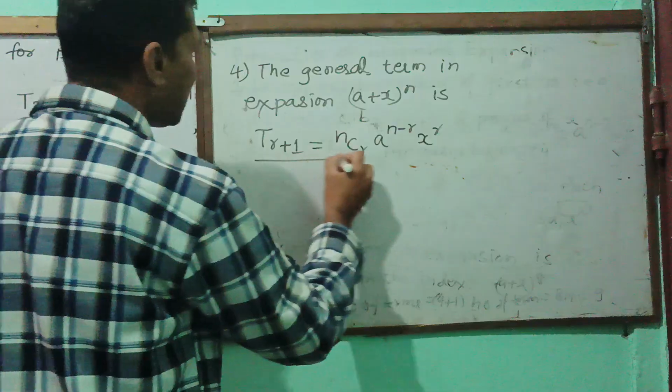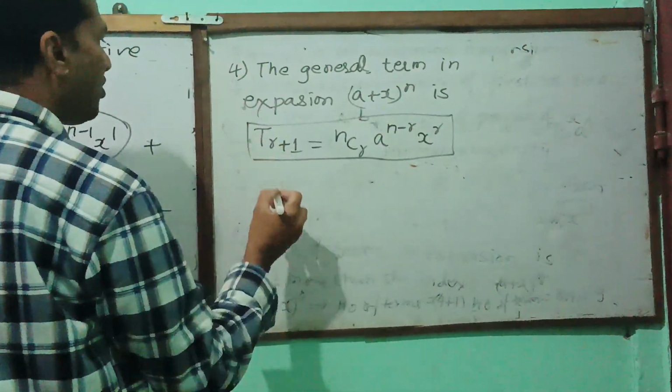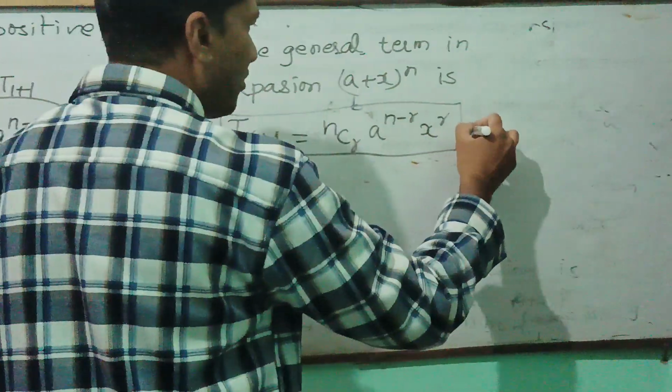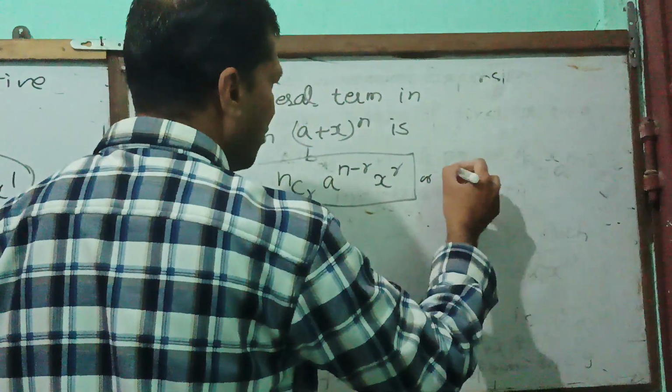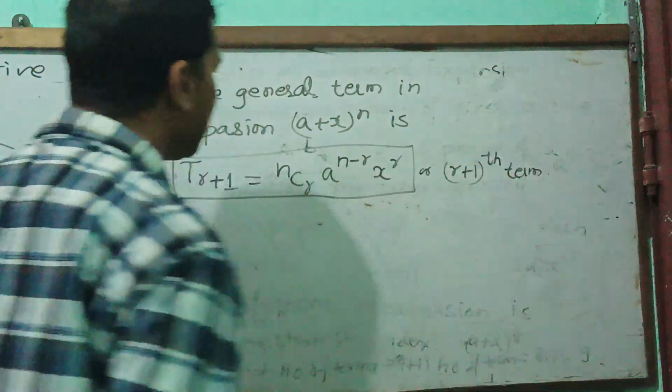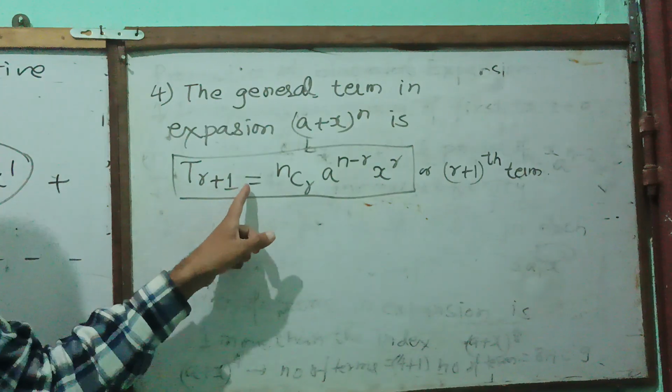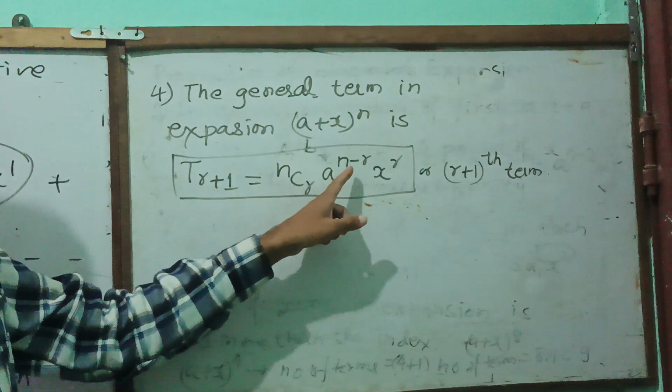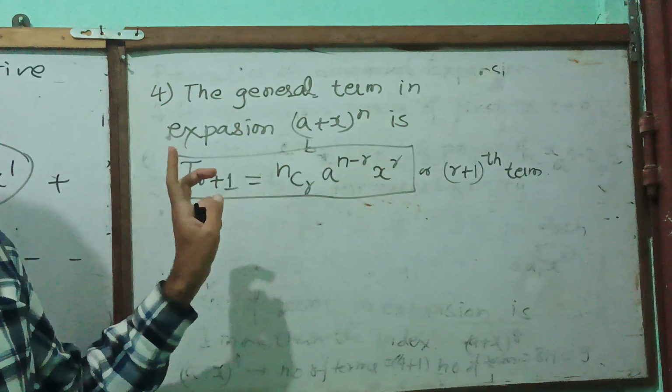So this one is known as the general term or the (r plus 1)th term. So the general term in the expansion is T(r plus 1) equals nCr a to the power n minus r x to the power r.